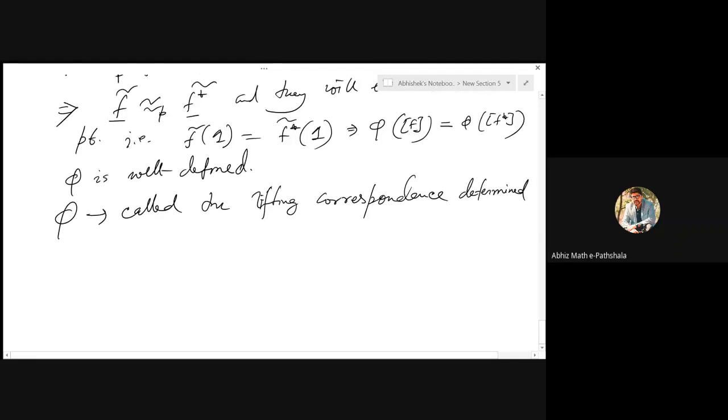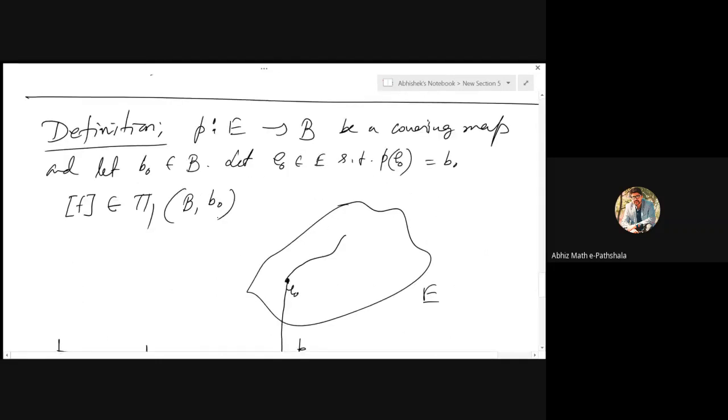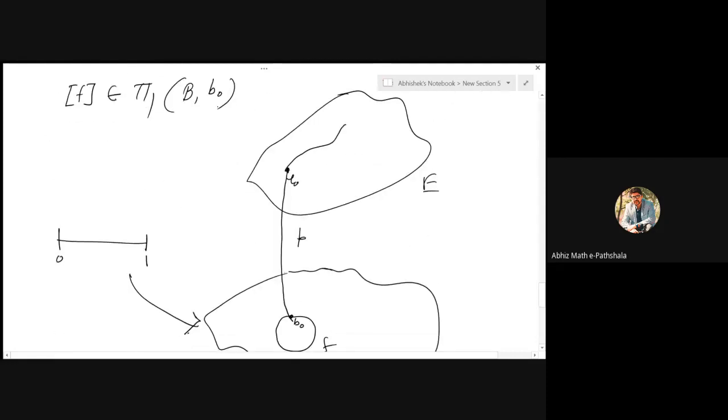Just by using the covering map. And this correspondence depends on the choice of the point E naught that you have seen in the definition, that we have chosen a point E naught which maps to B naught. So this correspondence depends on this choice.